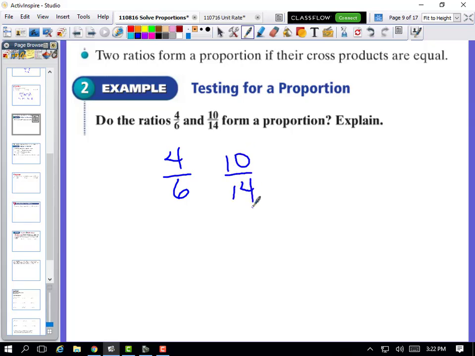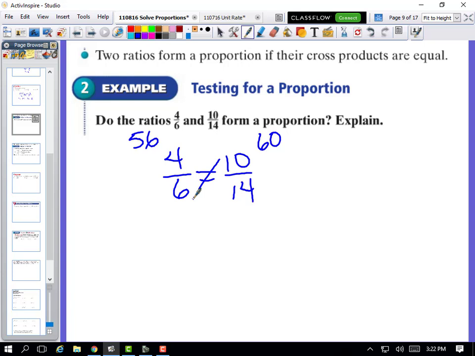Like I said, the way we do that is we determine, are these equal by doing our cross products. So if we do 6 times 10, we get 60. 14 times 4 gives us 56. Are those equal? No, they are not. So these two fractions don't form a proportion. They don't make the same thing.